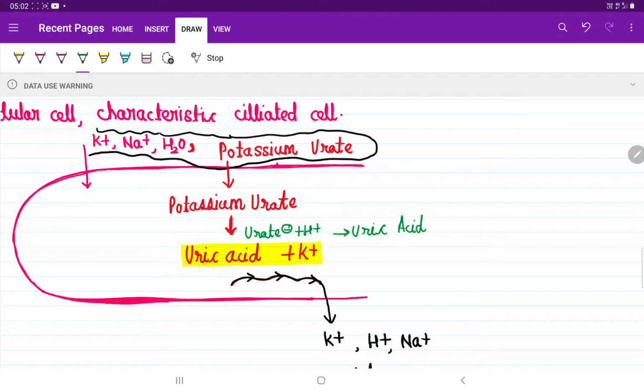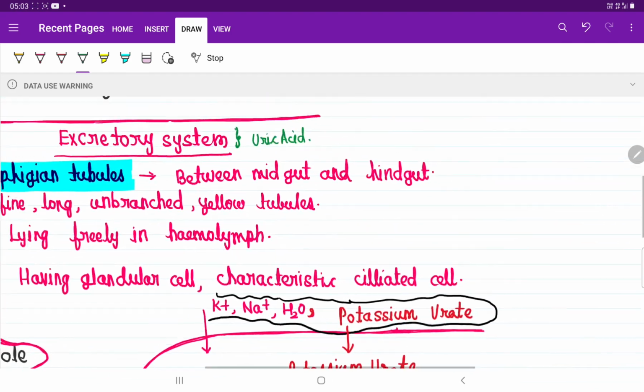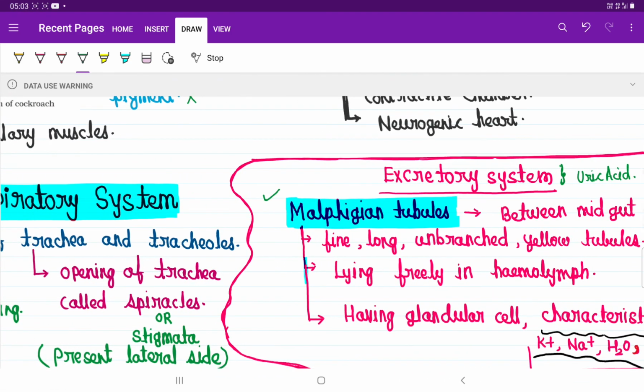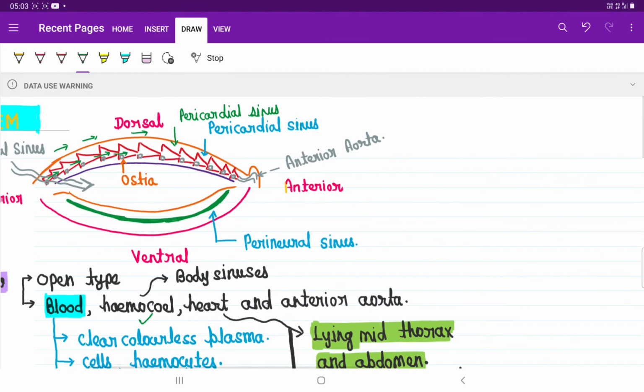So can we say within this Malpighian tubule uric acid will form, and then this uric acid will be excreted out, but potassium ion will be reabsorbed, the remaining hydrogen ion will be reabsorbed, and sodium ion will be reabsorbed back. But uric acid, through the hindgut, is going to be excreted out from the cockroach body. Okay, so Malpighian tubules are for excretion of uric acid. Remaining we will see in next.